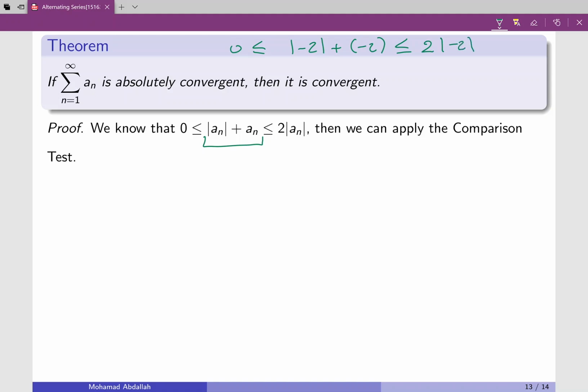If the number is negative here, this is going to be 0, and you're fine here. If the number was positive, let's say I have 2, so this is 2 times the absolute value of 2, then this is going to be 2, and this is going to be the same, both of them are positive, so that's going to be equal to twice the absolute value. So this is a valid inequality.